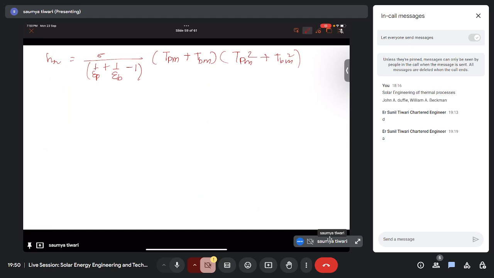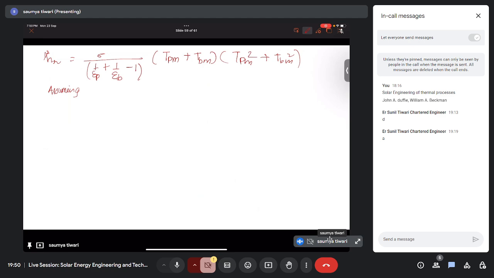If you see the derivation, we take a similar approach: the temperature difference between your absorber plate and back plate is less than 10 Kelvin.